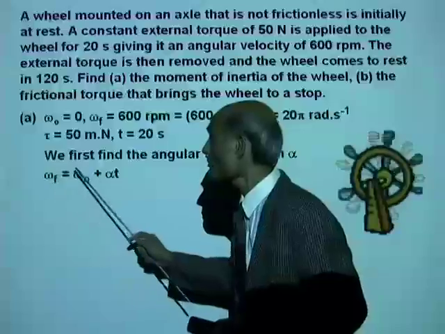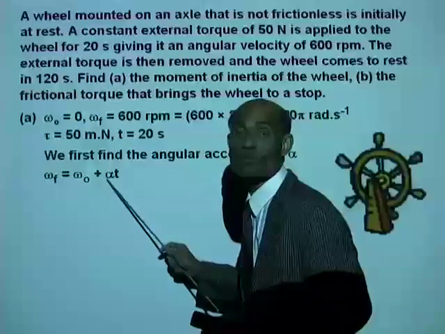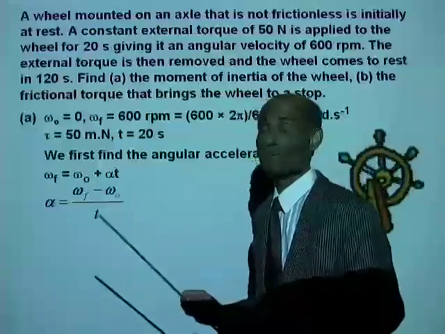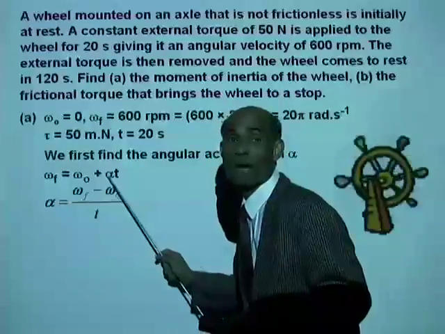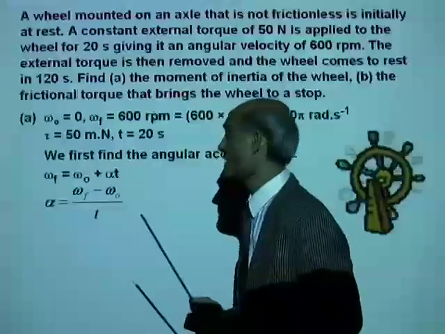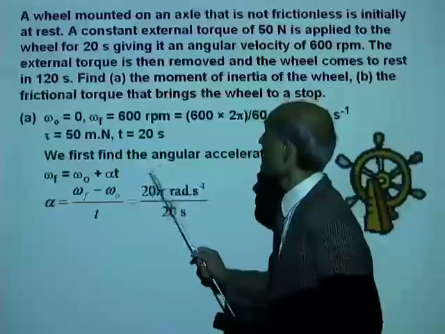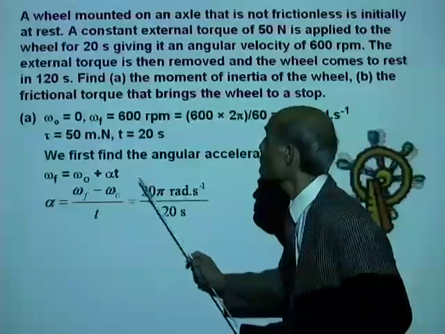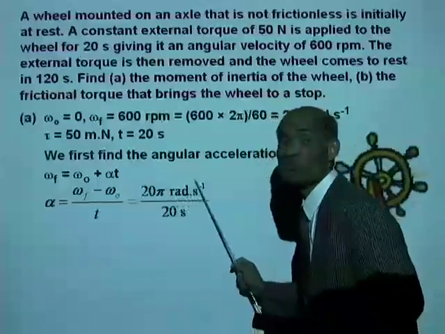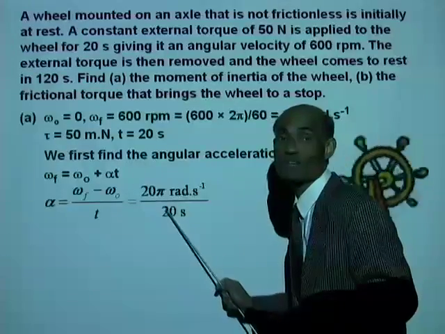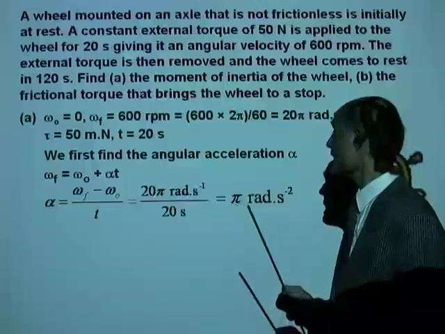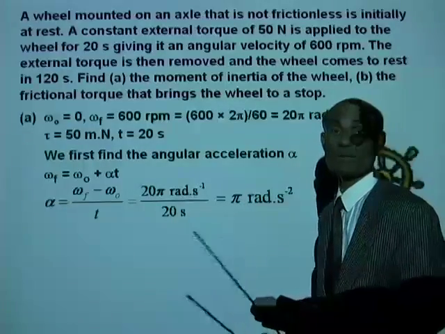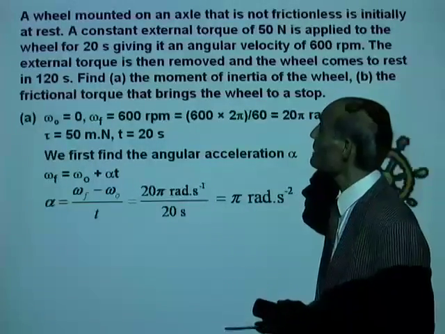So omega F equal to omega 0 plus alpha t, or alpha equal to omega F minus omega 0 divided by t. That is 20 pi radian per second divided by 20 seconds, which is pi radian per second squared. That is the angular acceleration.